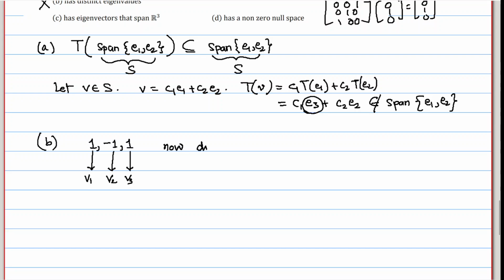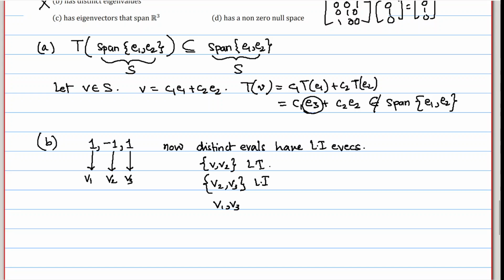We know that distinct eigenvalues have linearly independent eigenvectors. So V1 and V2 are linearly independent, and V2 and V3 are linearly independent, but we do not know whether V1 and V3 are linearly independent.